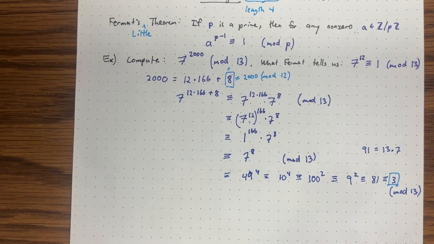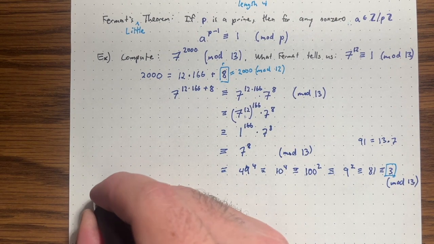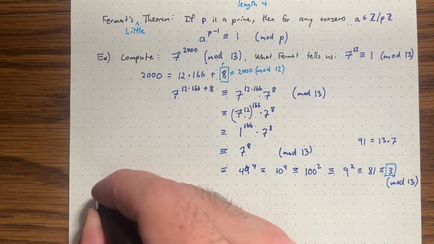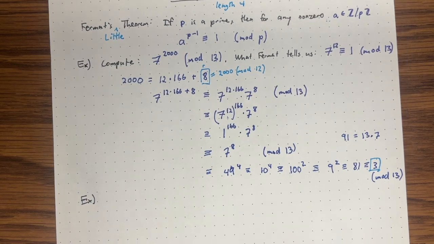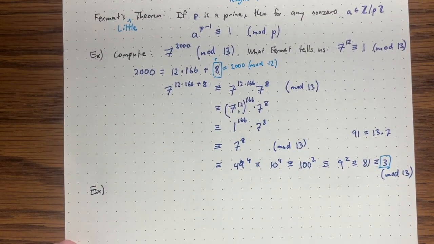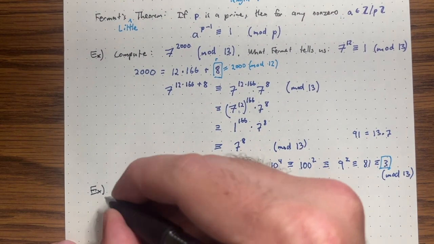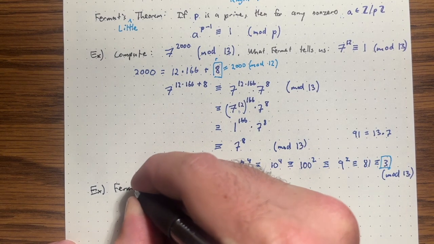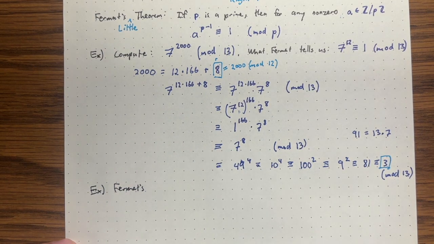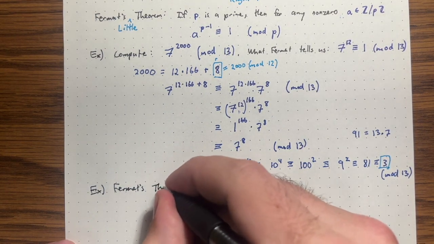Here's another way you can use Fermat's theorem. And then I promise you we will look at why this is true. We'll look at a proof. So remember when we did modular inverses?